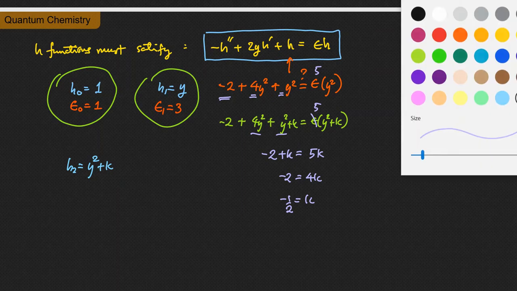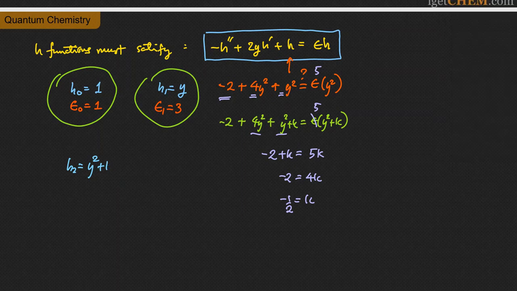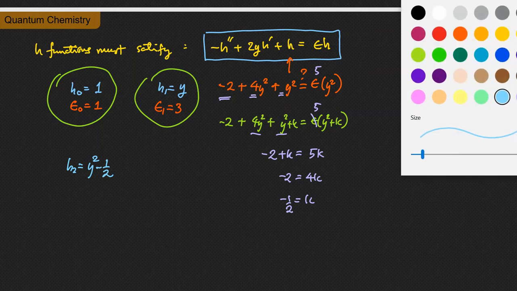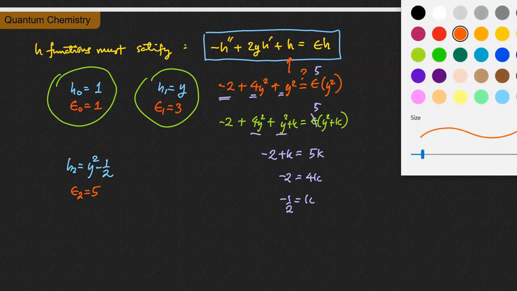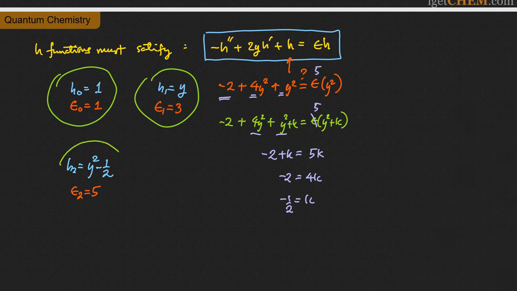So now I know that my h2 is actually y squared minus 1/2. And corresponding to that, I've already seen that this eigenvalue epsilon is now equal to 5. So epsilon 2 is equal to 5. That is the third solution right there.